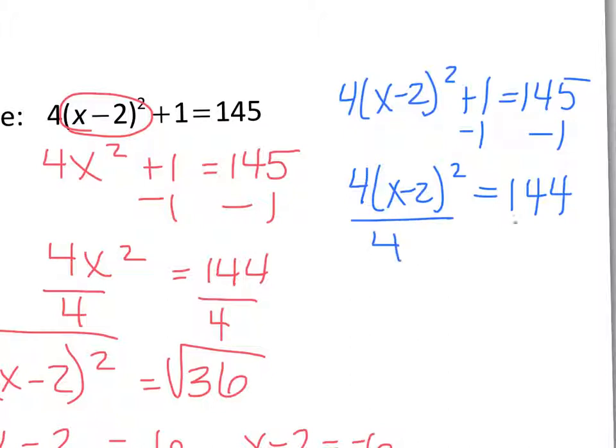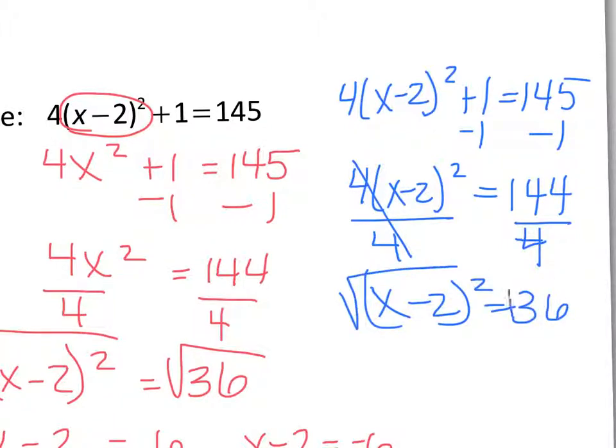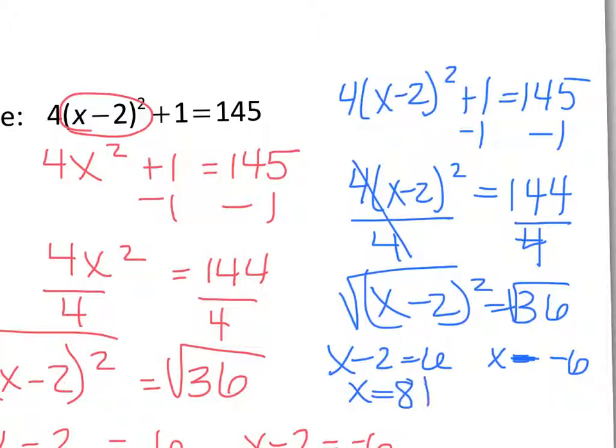Divide by 4. Take the square root. So x still equals 8 and x equals, whoops, screwed that one up, negative 4.